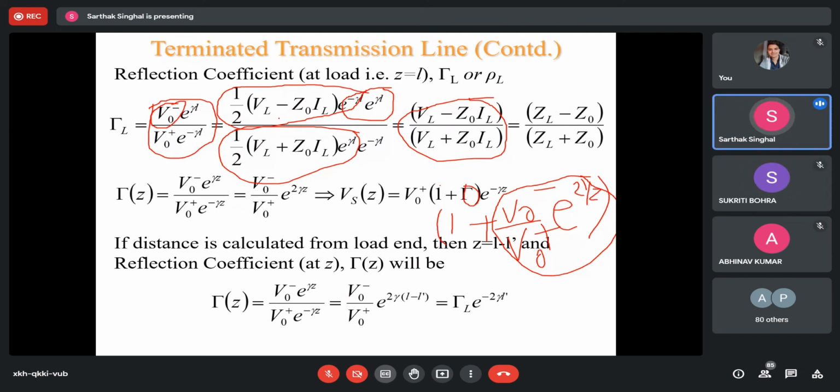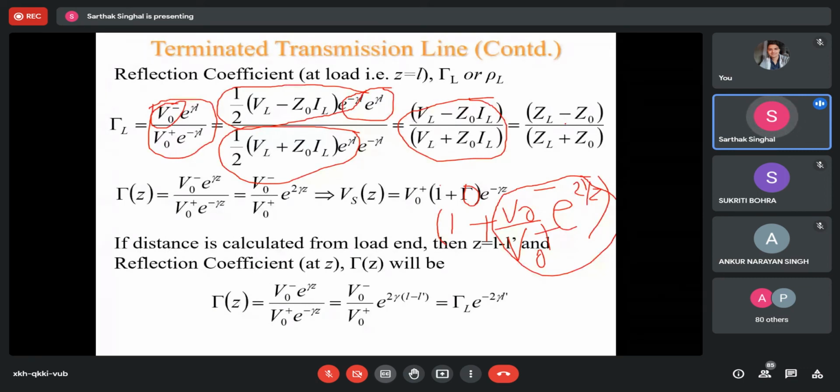Now what is the significance of this gamma L equal to -1? Since this is a complex quantity, there will be a backward wave, but with a phase transition of 180 degrees.